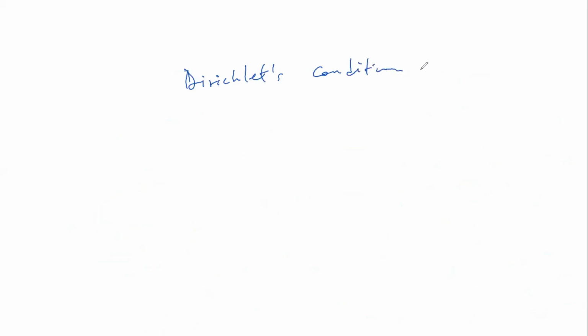So we did mention 3 of them. The signal must be absolutely integrable, okay? So it means if we take the integral over one time period of the modulus of the signal, then it should give us a finite value, okay? So the signal should be absolutely integrable.